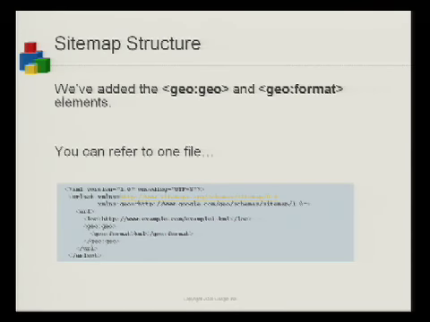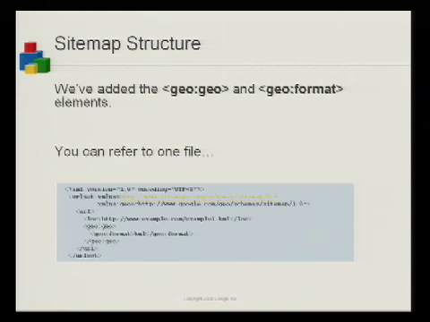So here's the basic structure of a sitemap. You have a urlset element which wraps a set of URLs. It's got a namespace for sitemaps, and it's also got this geo namespace. Then for each URL, you do a location, and then you have a geo tag, which has a format child.